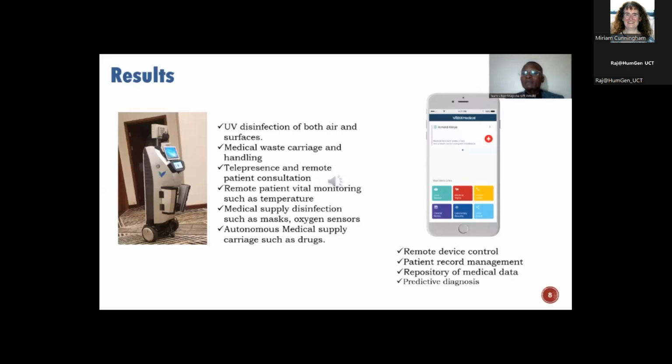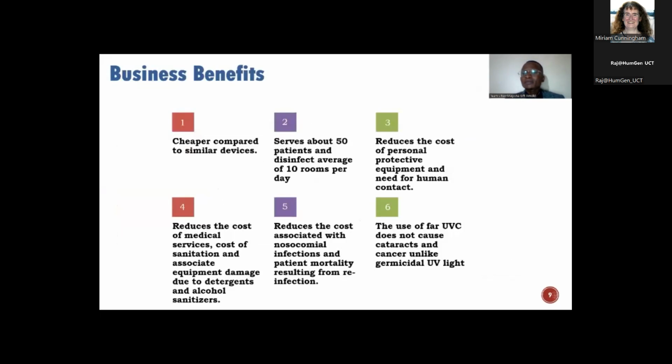So we are freeing up time for practitioners to narrow down to 3 or 2 specific illnesses, which really frees up costs and also the time practitioners have to be around patients. The business benefits, ladies and gentlemen: our system is extremely user-friendly. So it's cheap compared to our competition.